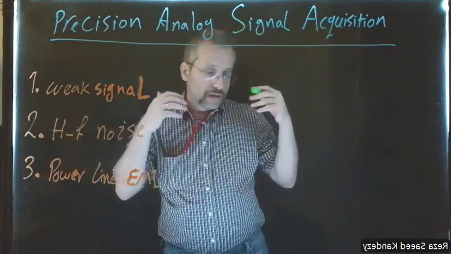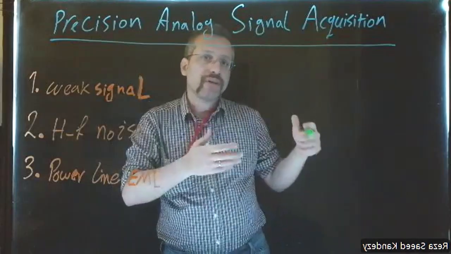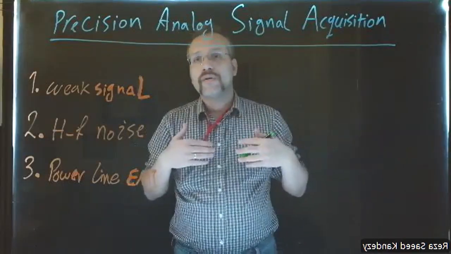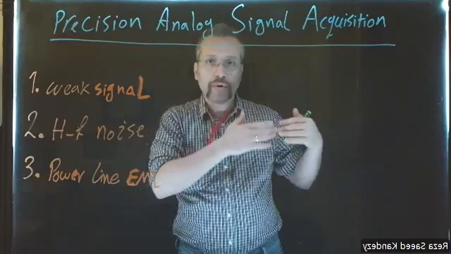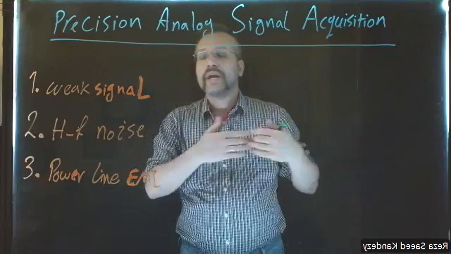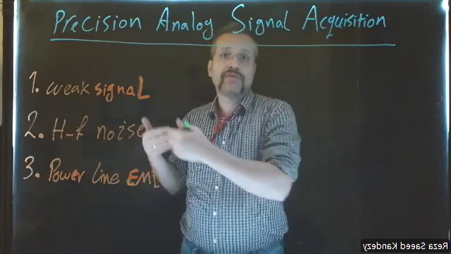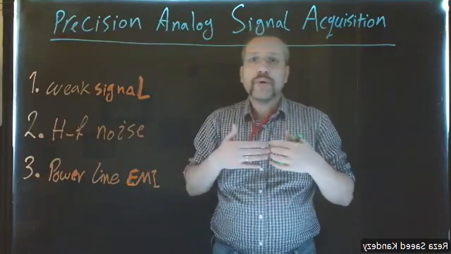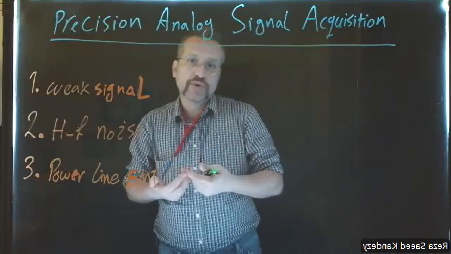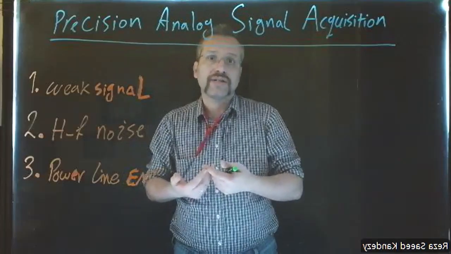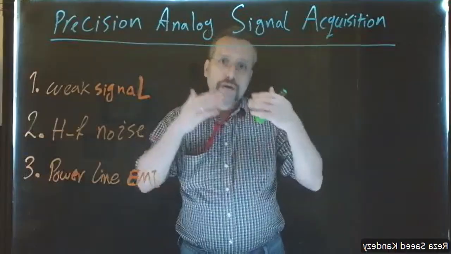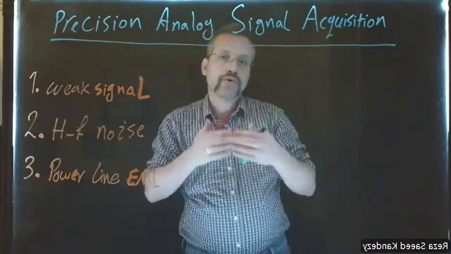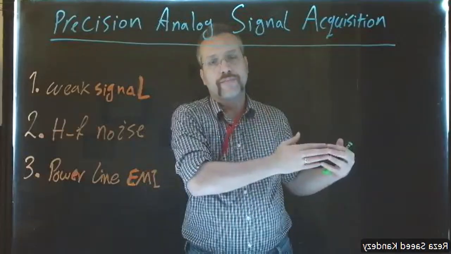Normally, when we work with any type of system, our input signal, which is the input of any type of processing system or control system, is going to be the output of some sort of sensor. Those outputs are normally very low voltage or current signals, and they are very vulnerable to noise and electromagnetic interference.